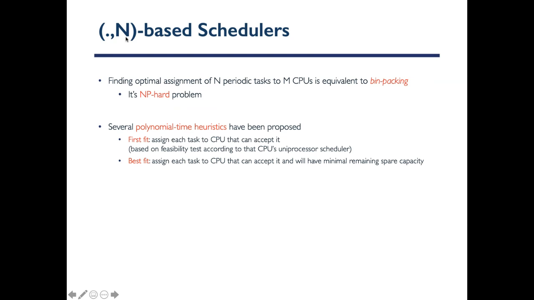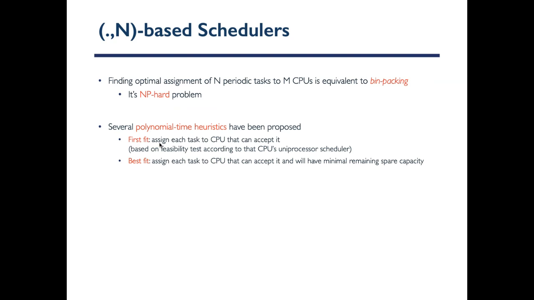Now, there are several polynomial time heuristics for these cases, very similar to what you've seen with memory allocation. You can do best fit. Basically, you can iteratively assign your tasks to CPUs and keep track of how busy each CPU is.